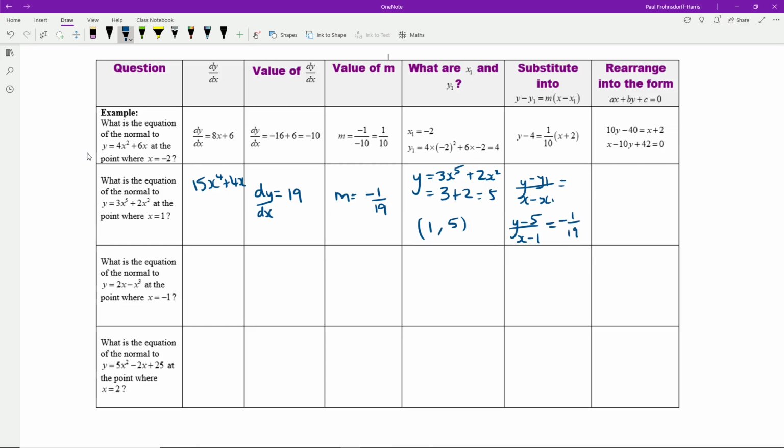So that is equal to y minus 5 with a 19 equals minus 1 times x minus 1. 19y minus 95 equals minus x plus 1. 19y equals minus x plus 96. And that's the rearranged version.